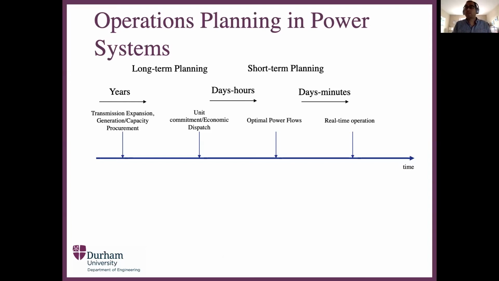I need to build more capacity, maybe. I need to build more energy capacity, ask investors to invest in my energy systems, build more power plants, or I need to expand my transmission system. I need to reinforce my existing transmission system infrastructure. So that is the question of transmission expansion, generation capacity planning.